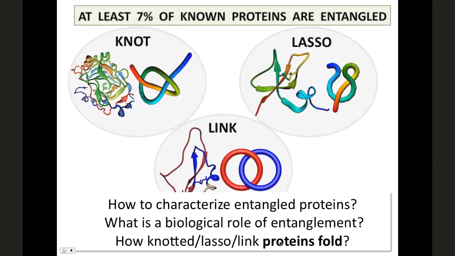So how can we characterize such entanglement in proteins? Secondly, you can ask what is the biological role of entanglement. And the basic question, I think, that before we understand the biological role of entanglement is we have to understand how knotted, lasso, and link proteins can fold.